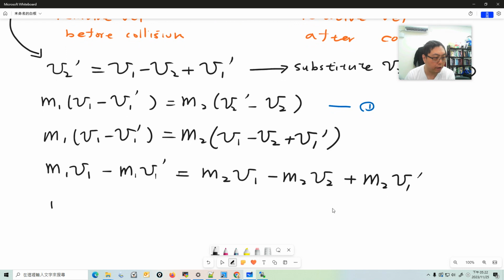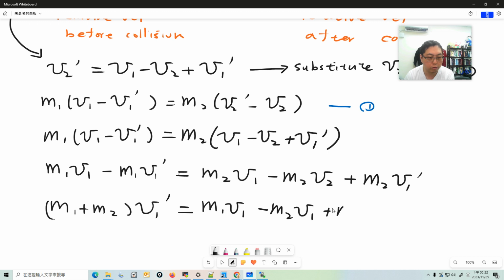So we will have M1 plus M2 times V1 prime equal to, let's see, M1 V1. Let's be careful. I move this M1 V1 prime to the right-hand side, so I have to minus M2 plus M2 V2.